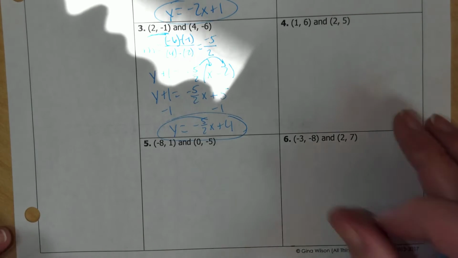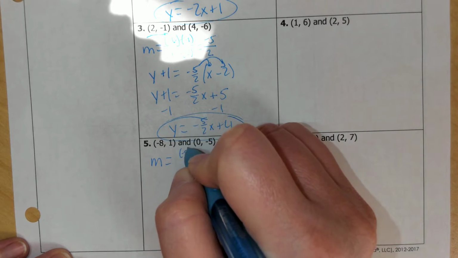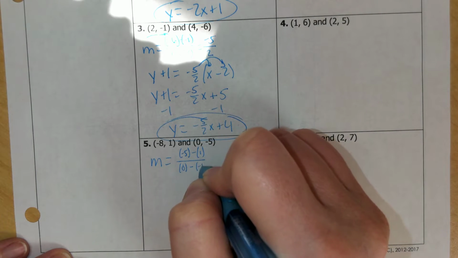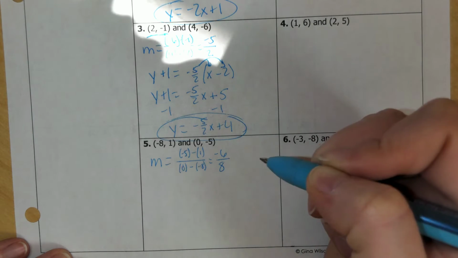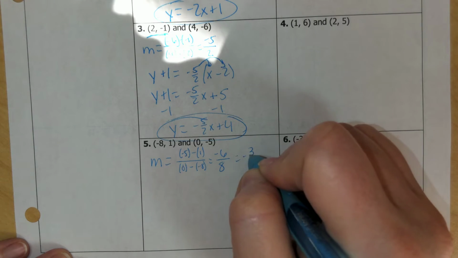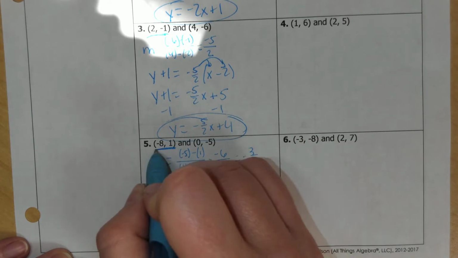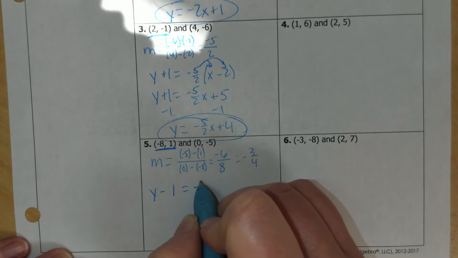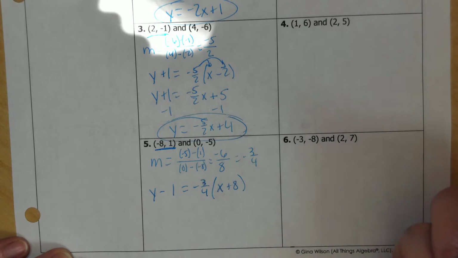Okay, another example. We're going to take this and do m is equal to negative 5 minus 1 over 0 minus a negative 8. So we end up with negative 6 over 8, which simplifies down to negative 3/4. Then I'm going to plug these values in. I'm going to use this point and this slope, so y minus 1 is equal to negative 3/4 multiplied by x plus 8.